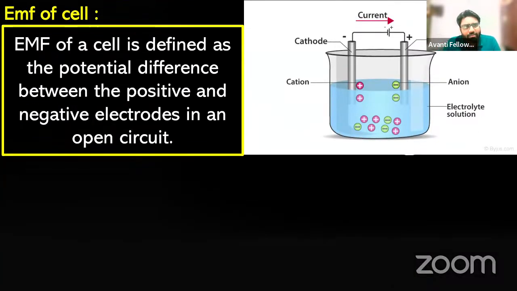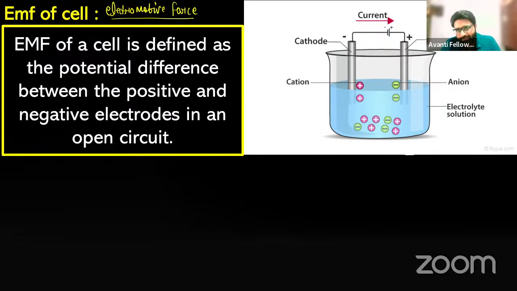Now we will discuss the EMF of a cell. What is the EMF of a cell? The full form of EMF is electromotive force. But it is not actually a force. It is the power, you can say, or the voltage difference, or the potential difference. So electromotive force is not a force.